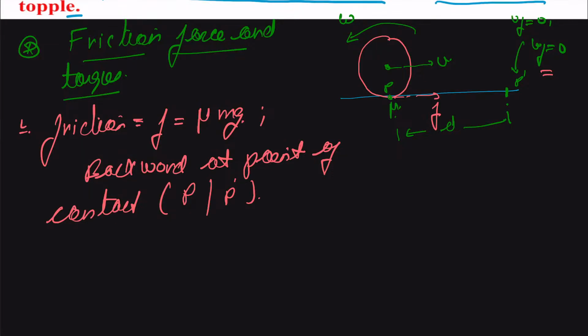Therefore we have two types of motion, translational as well as rotational.